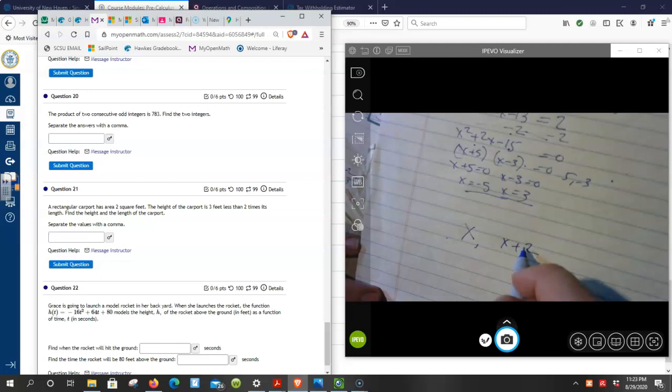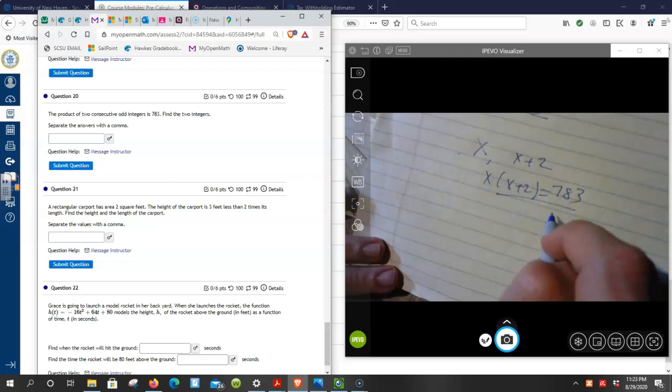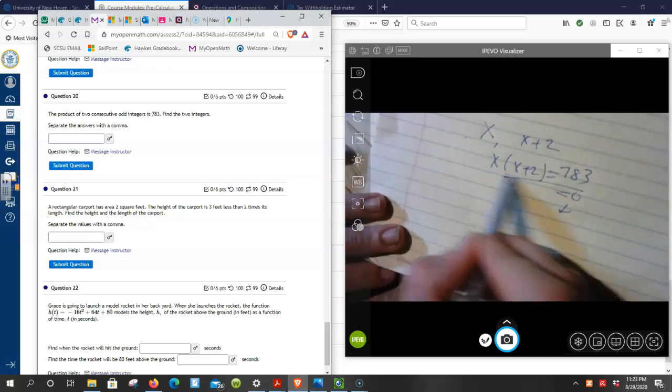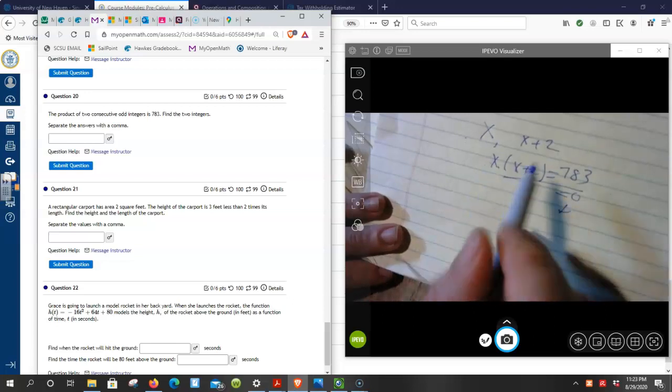Because you need two numbers to get to the next consecutive odd number. So x times x plus 2 is going to equal whatever number, 783. So you just multiply that out, set equal to 0, and solve. That's the only new part there, you have to write it this way. Consecutive means in a row, but it's odd numbers, okay?